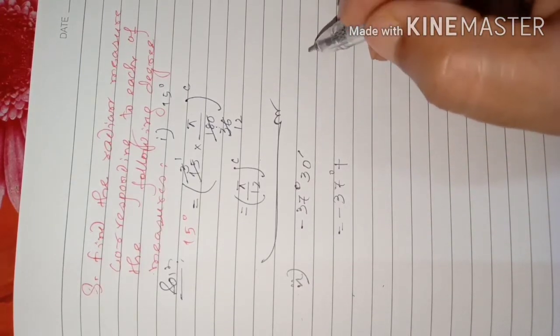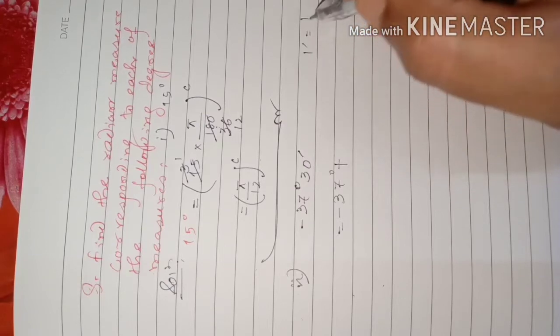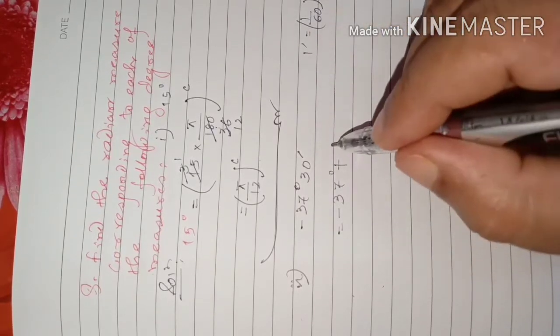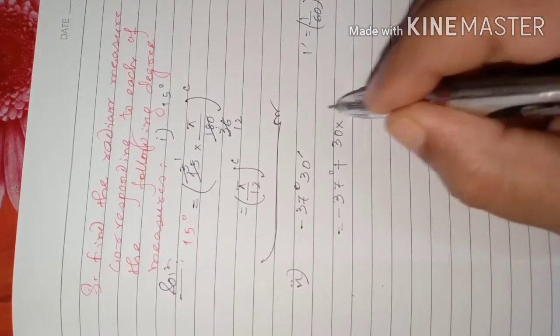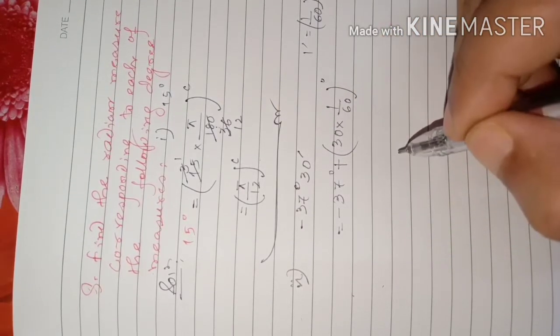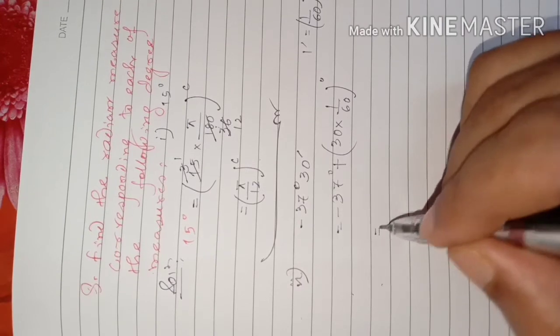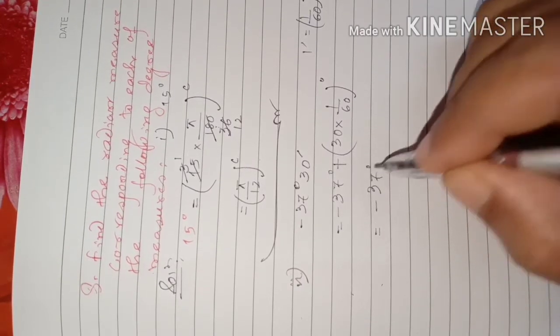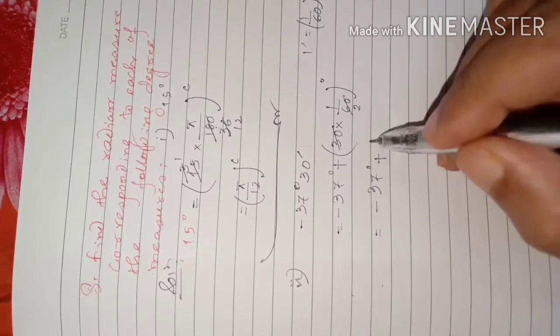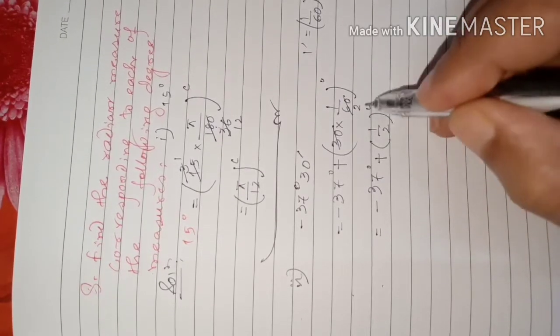That means 1 minute is equal to 1 by 60 of a degree. So you write 30 multiplied by 1 by 60 degree. This will get converted into minus 37 degrees plus, if we cancel, 1 by 2 degree.